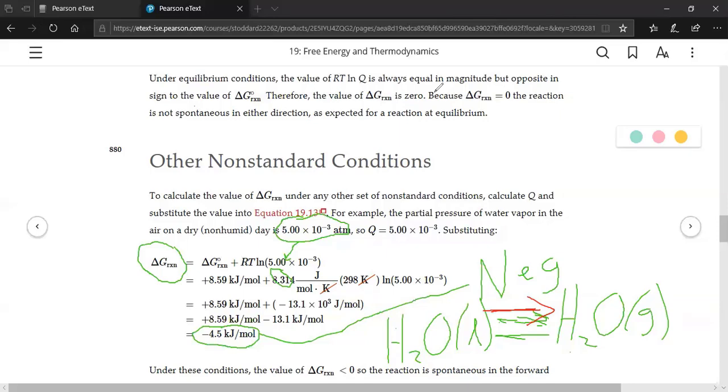So they're saying this is a non-humid day. Does it make sense that water would evaporate on a non-humid day? Yeah.